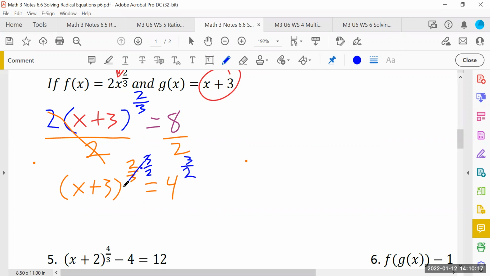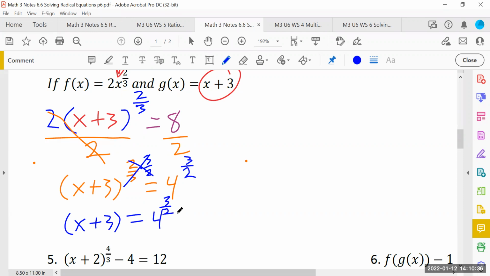I can cross the 3's out and the 2's out. That all simplifies, right? Does that make sense to everybody? 3's are gone, 2's are gone, left with just x plus 3 is equal to 4 to the 3/2 power.